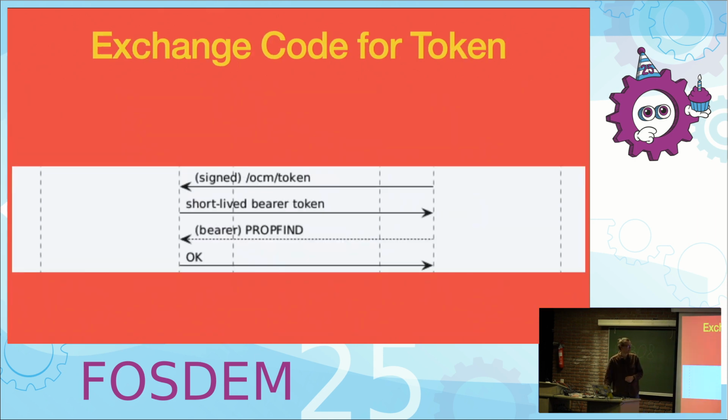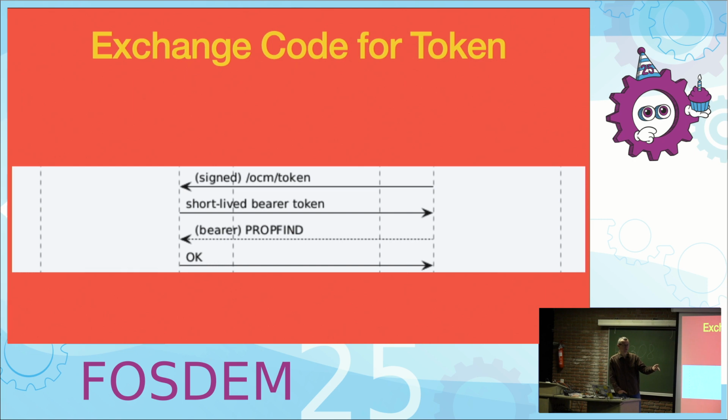After that, and this is a step that we invented, but that nobody implemented yet, we put it in the internet draft as the new way to go, because we like the short-lived tokens better than the secrets that last forever. So the code from this first post call is exchanged with a signed request for a bearer token.